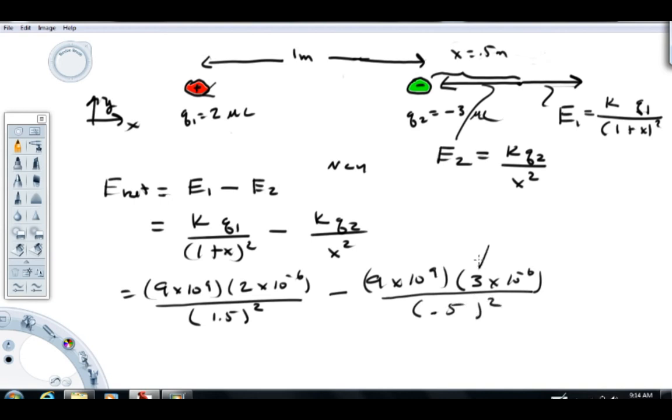Again, why no minus sign? Well, here's why. Because what we're doing is adding electric field vectors. We used this minus sign when we drew this field to the left, so the minus sign has been taken into account. Vectorially, because E2 is to the left, that's why that minus sign is there.